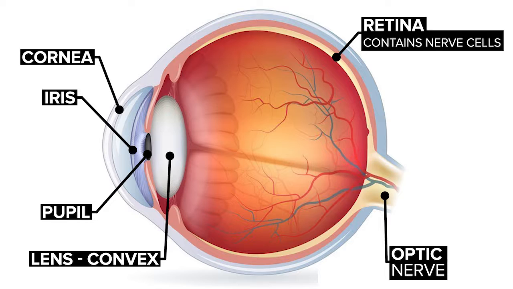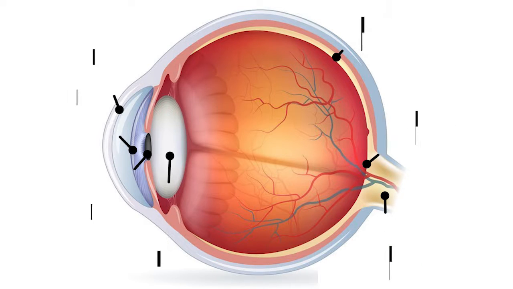At the junction, when the optic nerve meets the retina, there are no nerve cells. So, no rods and cones at this junction. Now, this is known as the blind spot since no vision is possible at that spot.